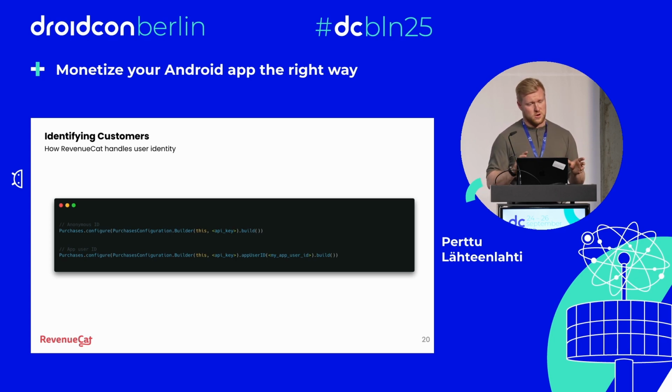So if you have user IDs, what you can do is pass your own custom user ID, one that is not guessable, so it shouldn't be, for example, an email of the user or anything like that, during the initialization phase.